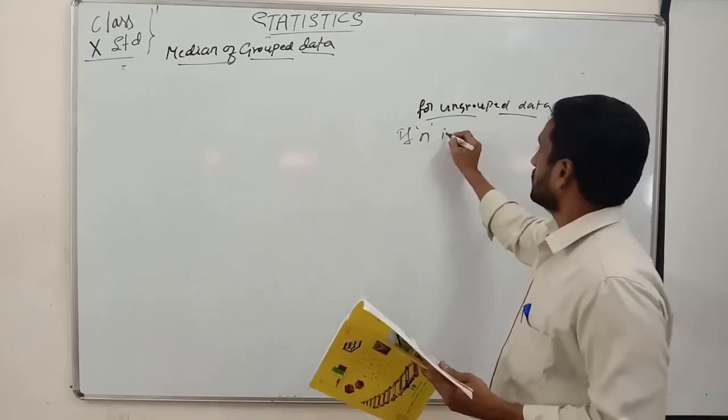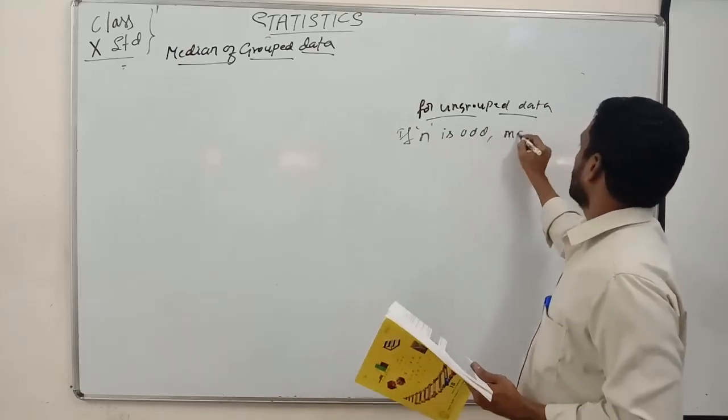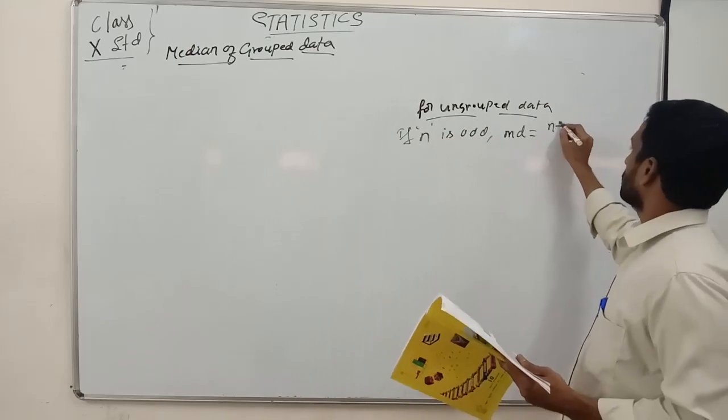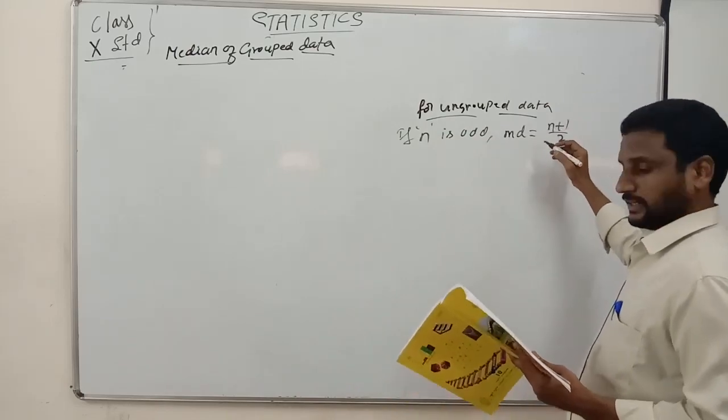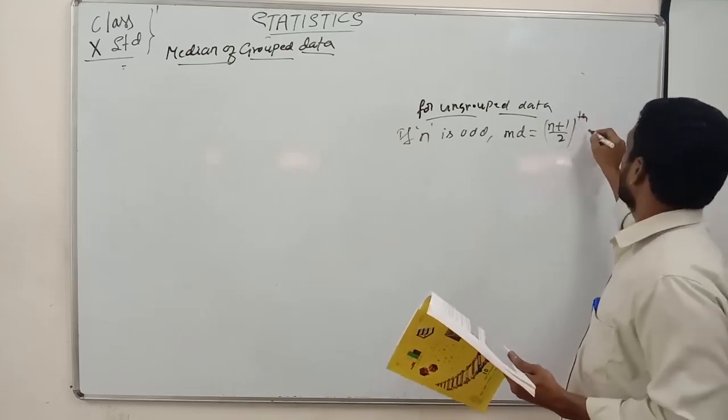If n is odd, then what is the median? Median, I write as MD, is equal to the (n plus 1) by 2th observation.